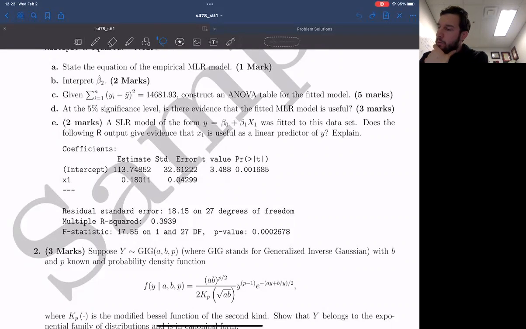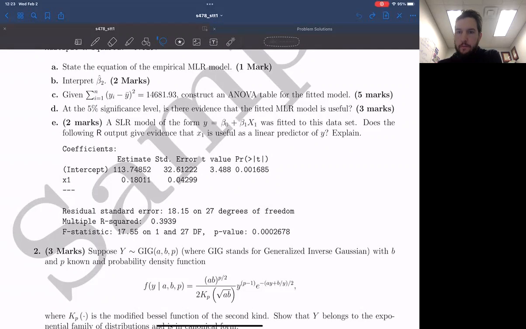Does the following R output give evidence that x1 is useful as a linear predictor of y? Explain. Okay, so this is pretty much the exact same process that we just went through. You can see here in the R output, we're actually missing the t value for the test, but we are given the f value. So we can actually answer this question directly based off only the output.